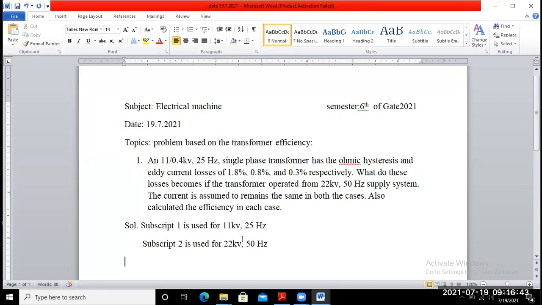So at 50 hertz the voltage is double. For the same current, if the voltage is double, then the output P2 at 50 hertz is also double the output at 25 hertz. That means suppose the output power at 11 kilovolt, 25 hertz is represented by P1, and at 22 kilovolt, 50 hertz the output power is represented by P2. For the same current rating, if voltage is double in case 2, then power is also 2 times the previous one.